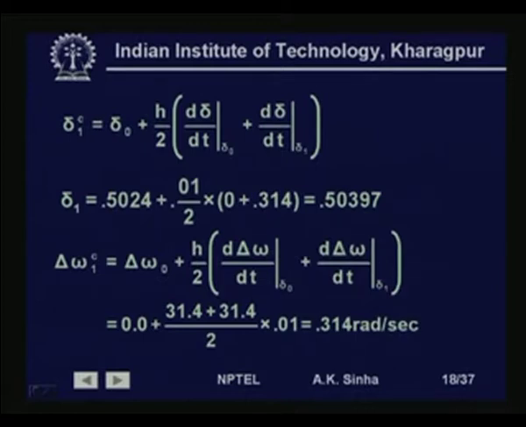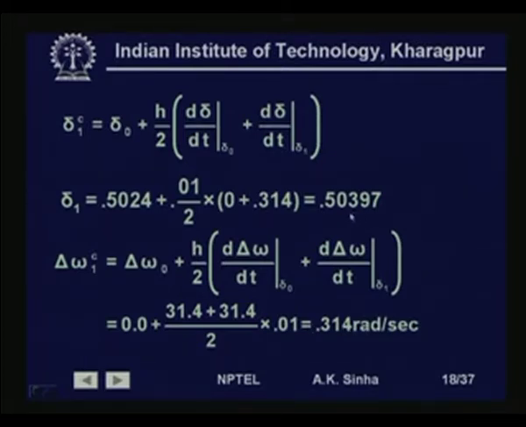These values we have calculated. So, delta omega 0 is 0. So, 0.0, plus 31.4 is the value for this, and 31.4 is the value for this. So, 31.4 plus 31.4 by 2 into 0.01, which is the value of delta t. This comes out to 0.314 radians per second.